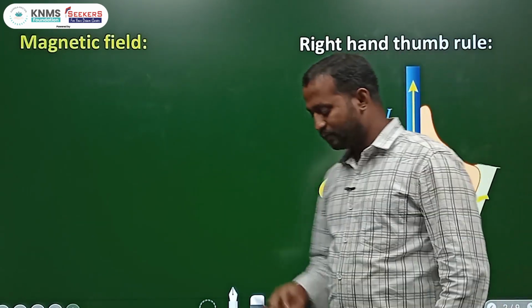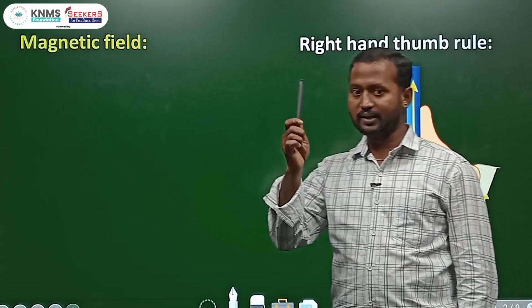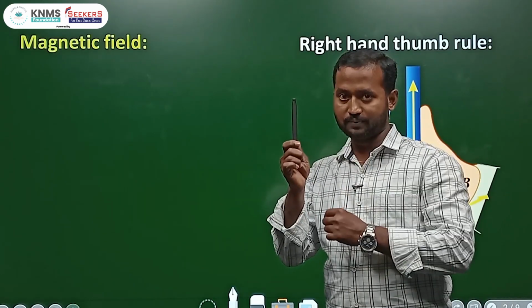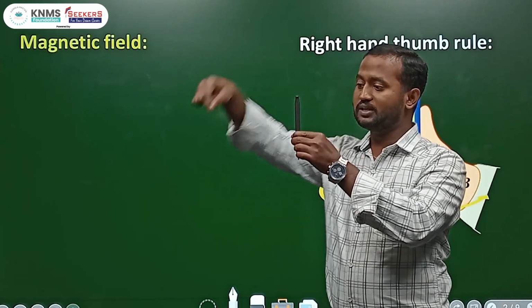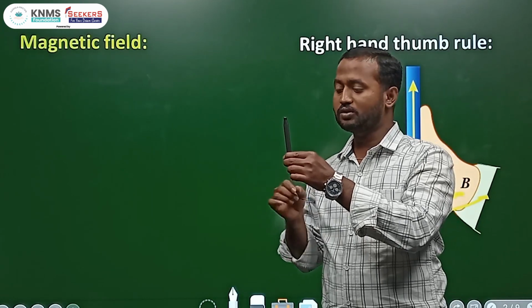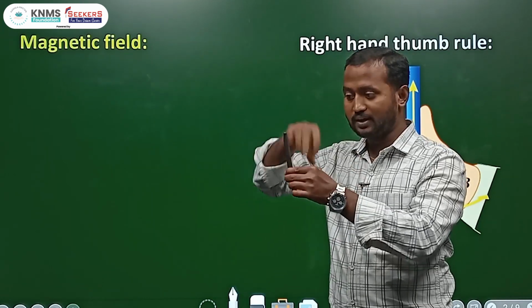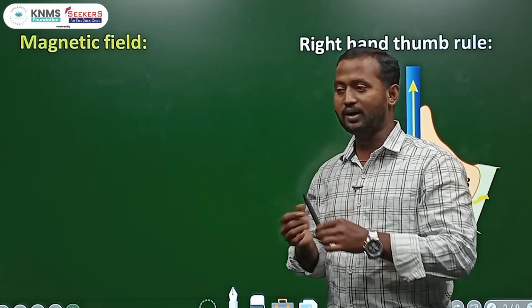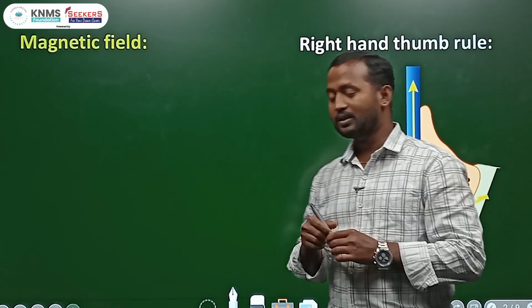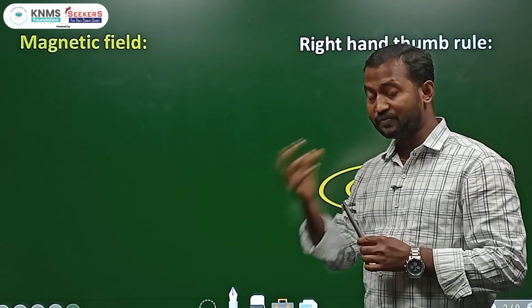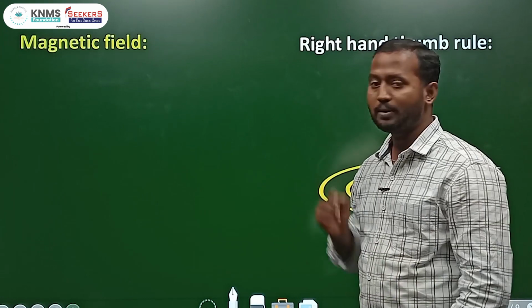You know that if you consider a current carrying conductor, around it there is a magnetic field. The space around a current carrying conductor, or around a magnet, where the magnetic effect can be felt, is nothing but a magnetic field.